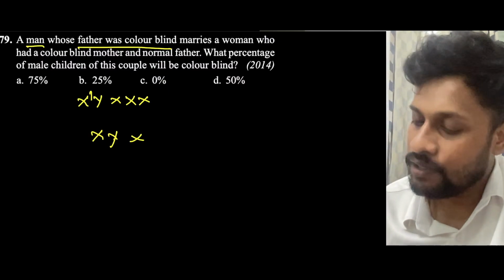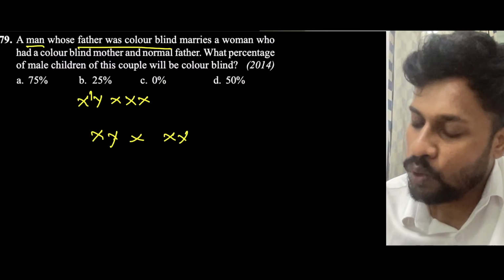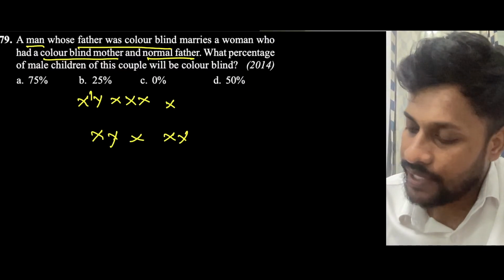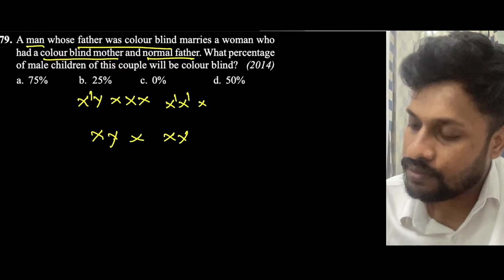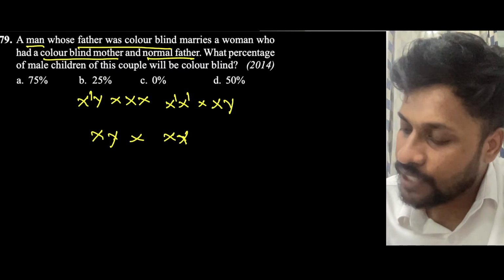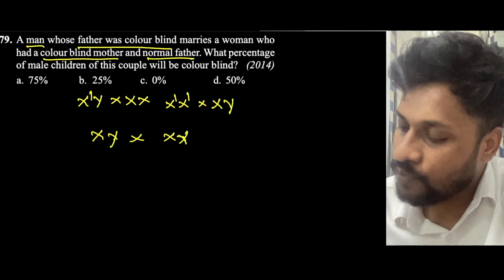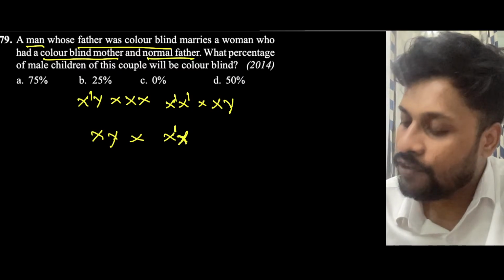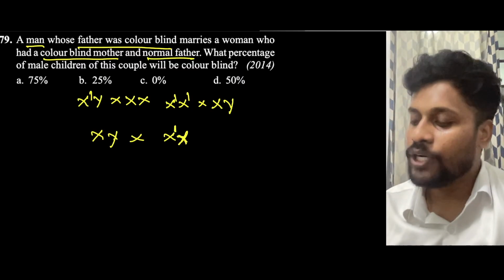Marries a woman. Woman means XX, who had a colorblind mother and normal father. Colorblind mother means what? X dash X dash. And normal father means XY, right? So here you see one X will come from father, another X should come from mother, and mother has only X dash. So this guy will be X dash X. See, you need to know this thing.